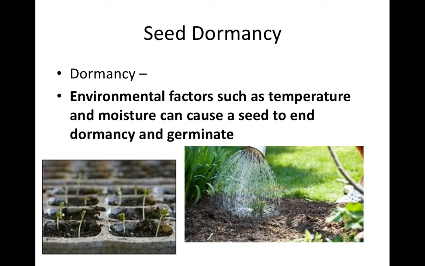It's almost like the seed is putting itself on pause until the right conditions are there, that there's enough water nearby to help that seed grow, and that the temperature is not too hot or too cold, so that the seed is going to be able to grow in the ideal conditions.